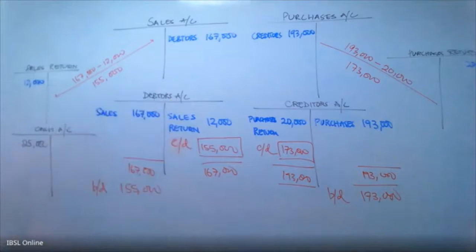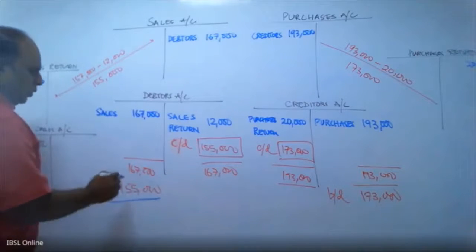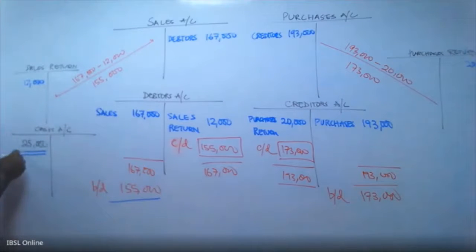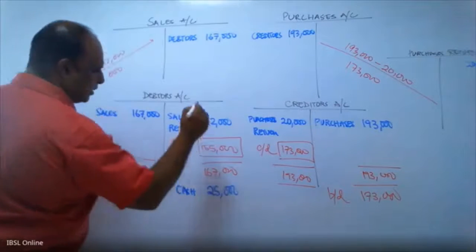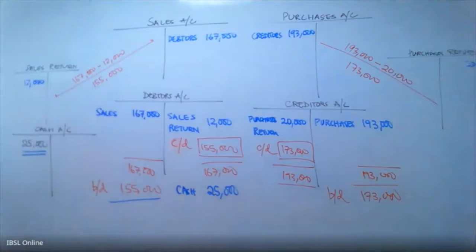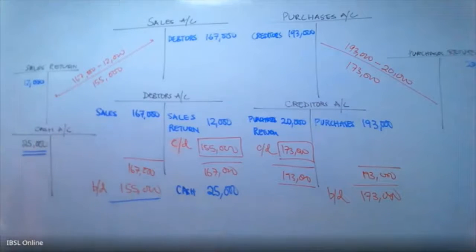Already we have 155,000 to be paid by your debtors, out of which now 25,000 is getting paid. So that amount will go out from your debtors. Is that clear? If any of your debtors pay you 25,000 in cash, that cash will get debited here to the cash account, and your debtors amount will go down by that amount. Is that understood?